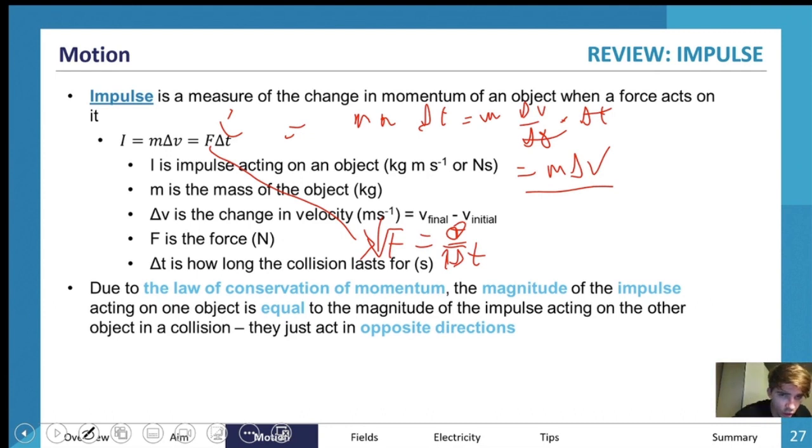So for the same change in momentum, by increasing the time, you can reduce the force.